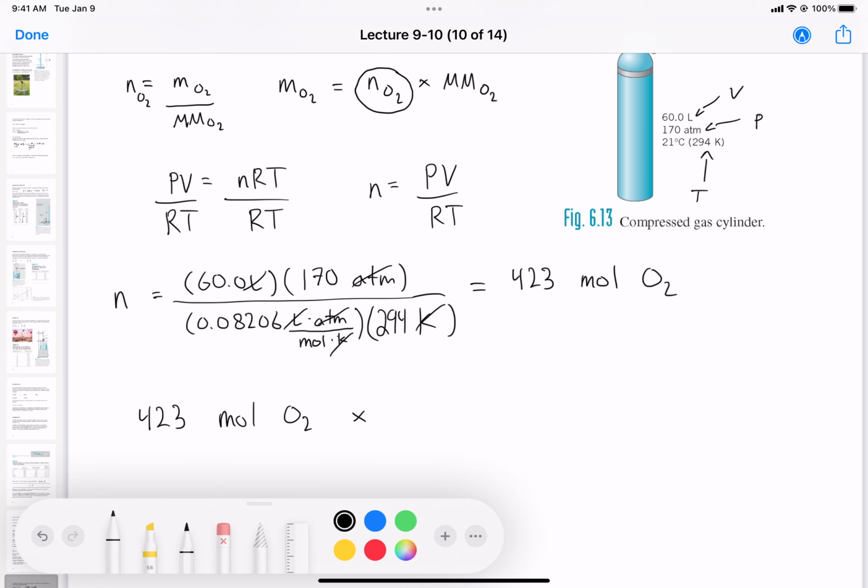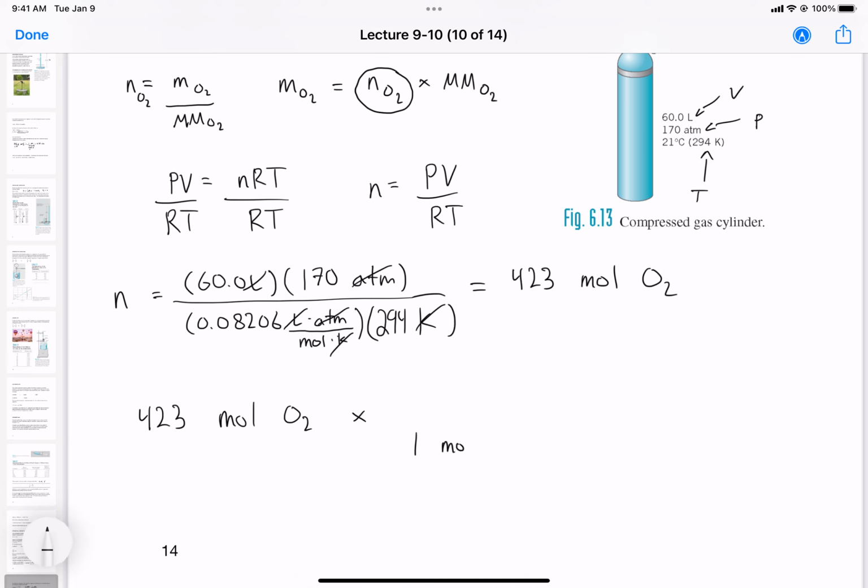We want to get rid of moles, so we're going to put 1 mole of oxygen on the bottom, and on the top will be 32.00 grams of oxygen. And that will give us 1.35 times 10 to the fourth grams of oxygen.